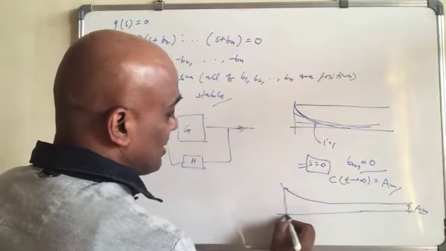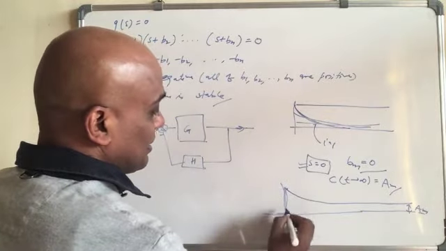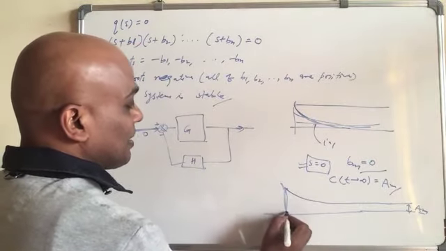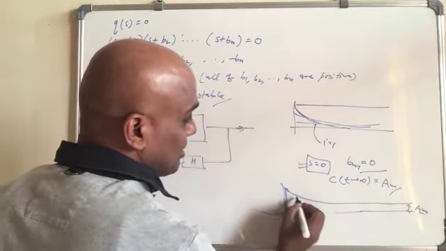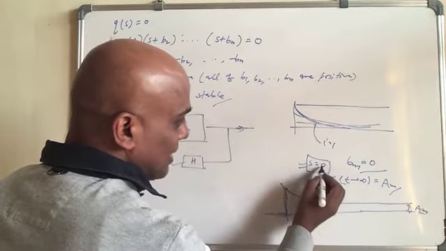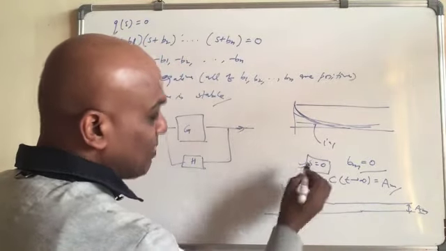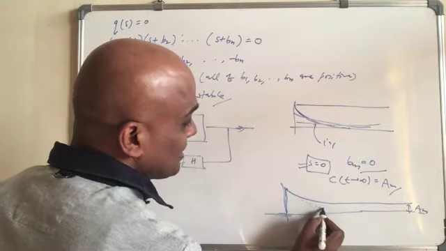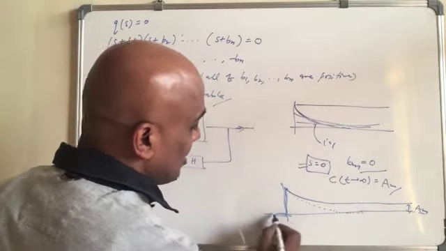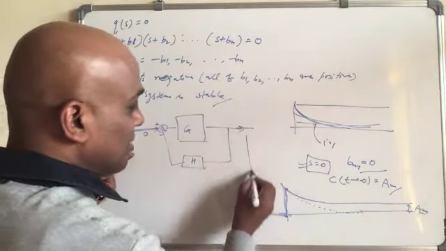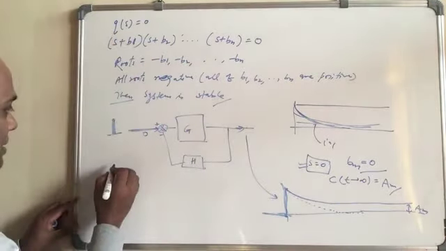We started from here. We give some disturbance and the output started going like this. If all roots are negative, then we could have seen this kind of trend. So finally this becomes 0.